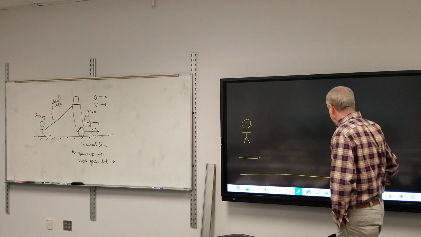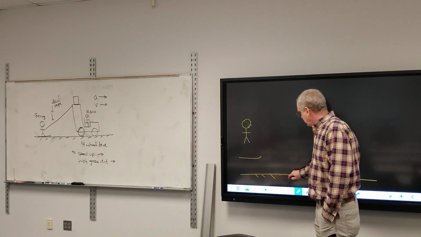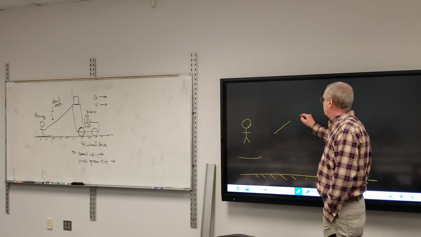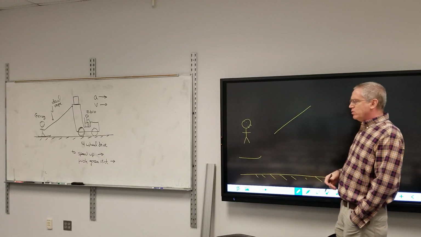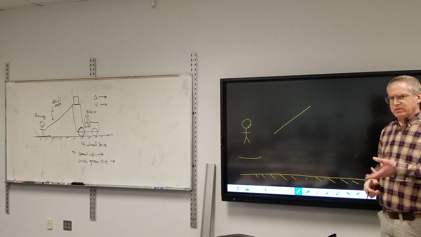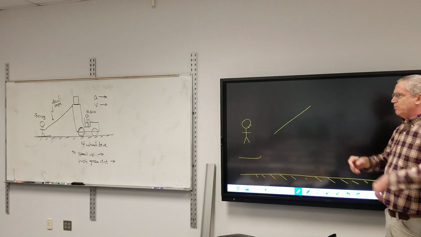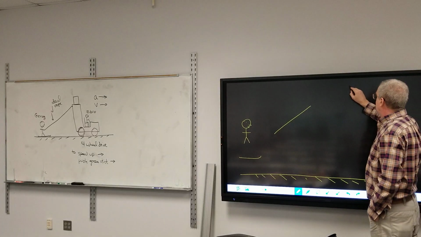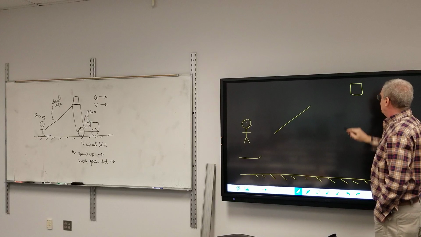We have the ground. We have a rope. Now, officially, when you're doing a force diagram or even a free body diagram, you don't have to draw them in the same roughly relative order as you have over there, but I'm doing that because I feel that really helps sort of picture it better.